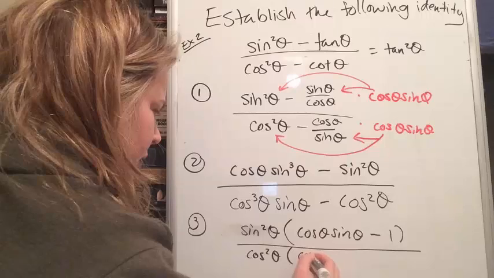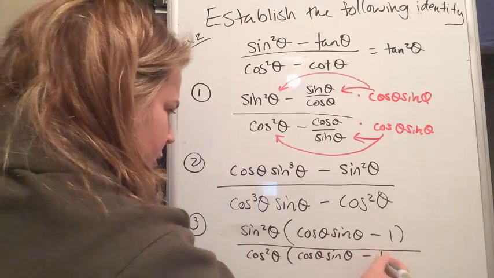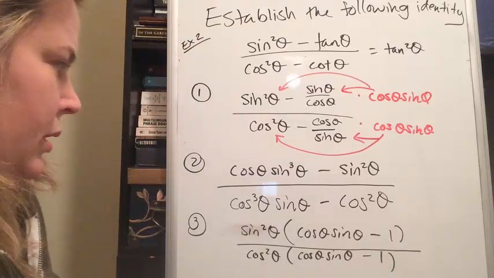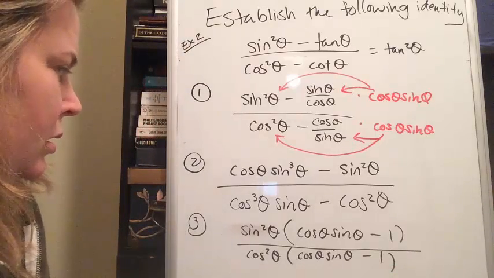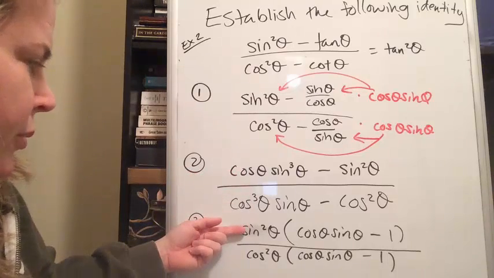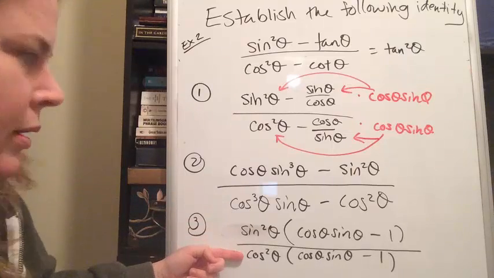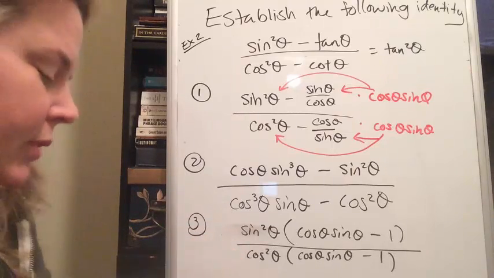That leaves cosine times sine minus 1. This is looking good. All right, so what did I do? I took a sine squared out of the numerator, and I took a cosine squared out of the two terms in the denominator. I think we've got something here.